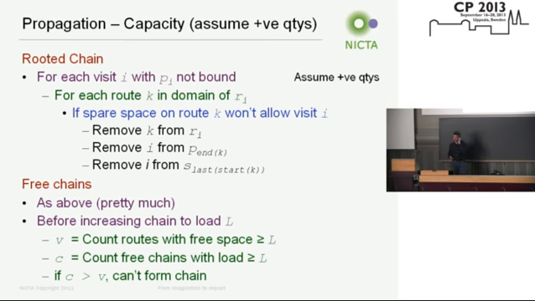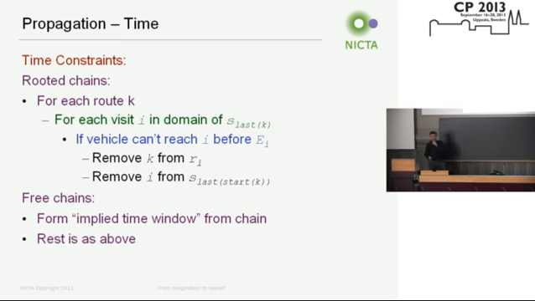We can propagate capacity constraints for both routed chains and free chains and make use of them, which is nice. So before I assign in a new visit, I can make sure that there's at least one vehicle that can accept this new chain that I've just created. And I can propagate time.